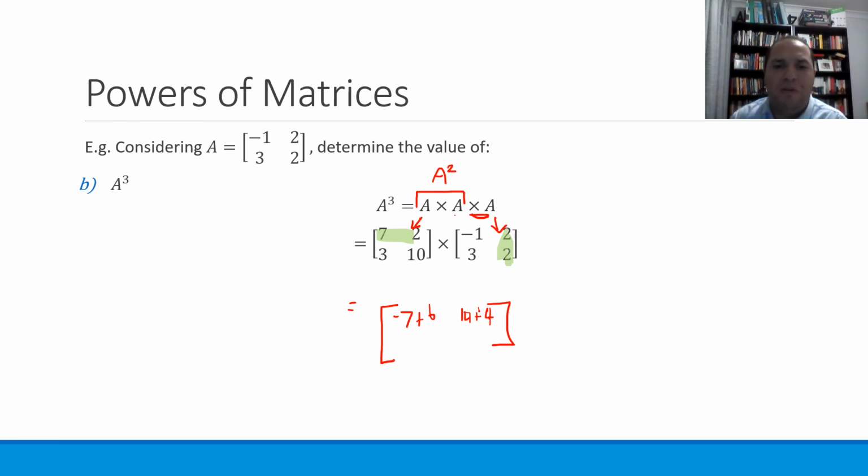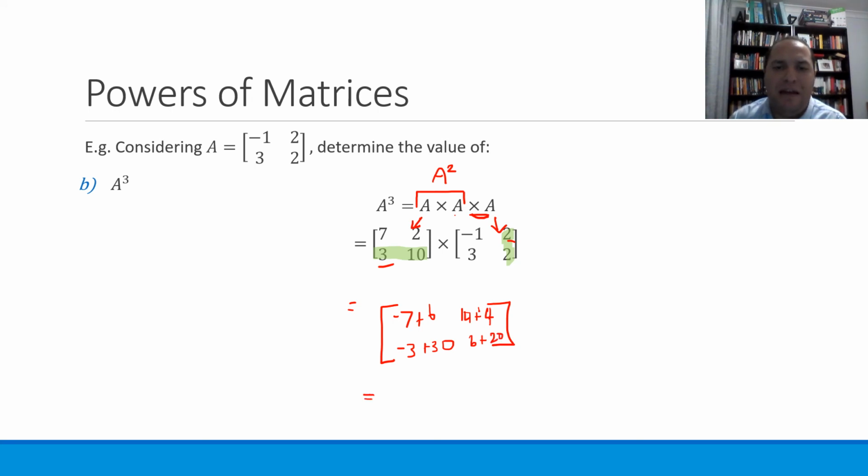Then we'll move on to our second row. Second row times first column, we get 3 times negative 1, that's negative 3, and 10 times 3, that's 30. Finally, second row times second column: 3 times 2, which is 6, plus 10 times 2, which is 20.